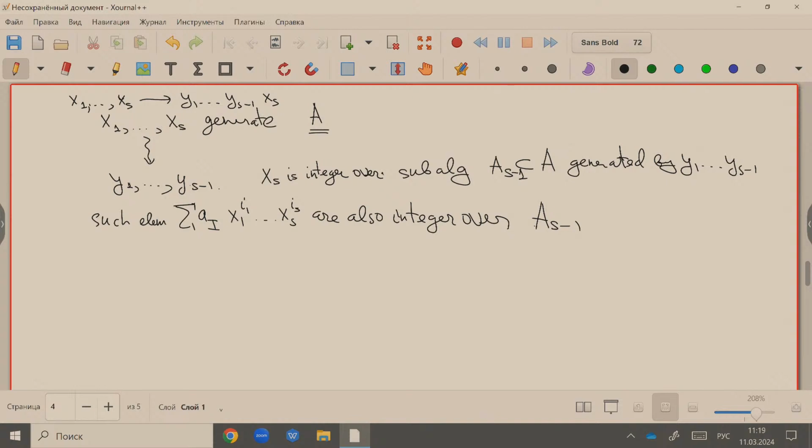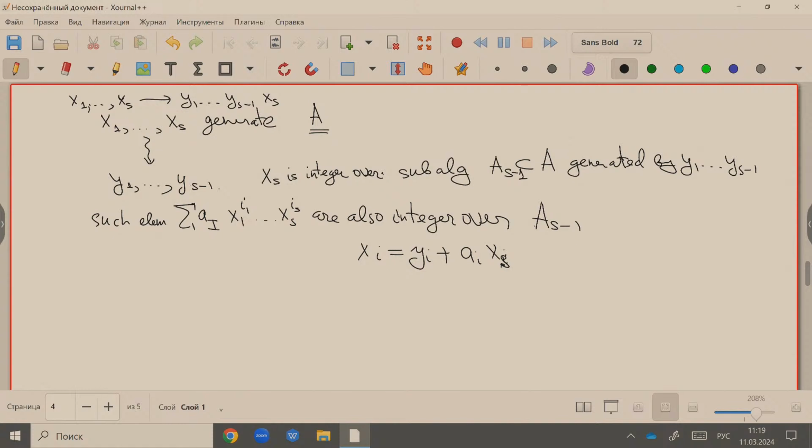Because the xi's are obtained by taking yi's, which are integral, of course, as a set of constants, plus adding ai xs, which is integral.